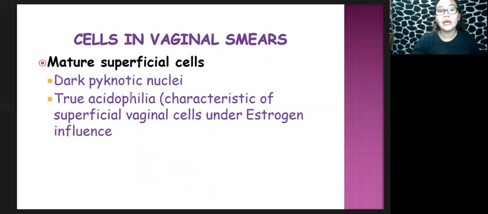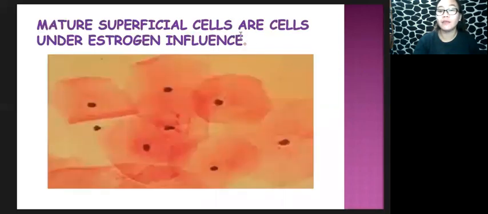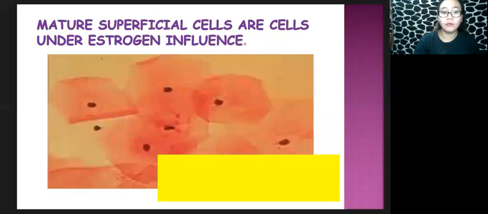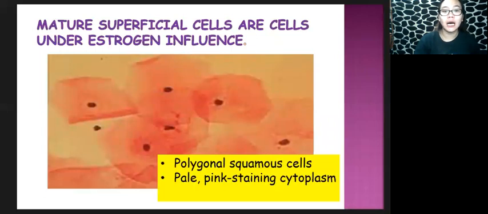So your cells should be acidophilic, in short, they should have this appearance. Again, true acidophilia is due to the influence of the hormone estrogen.